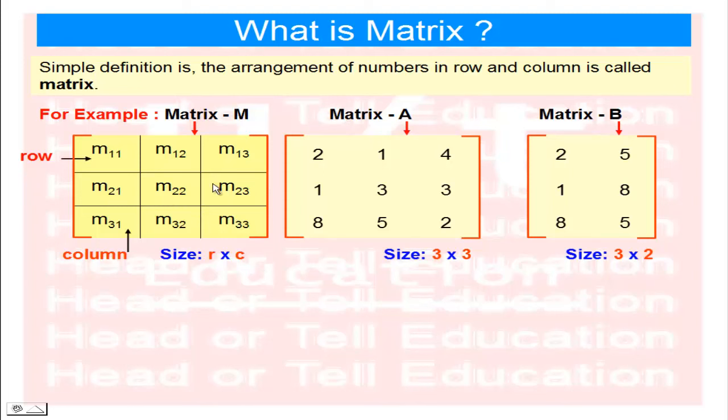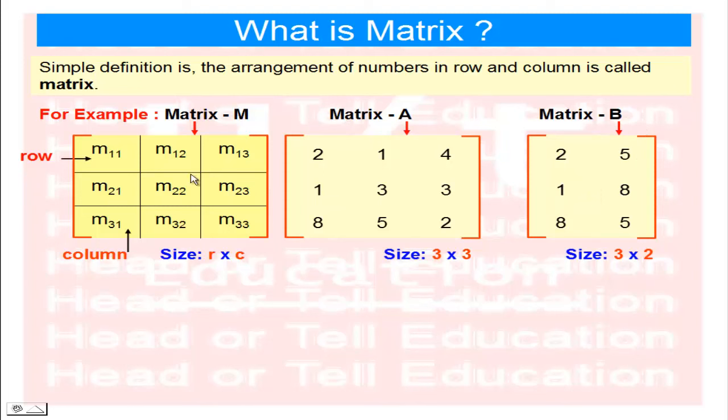So this is the position like M21. The position of M21 means second row, first column. In matrix A, the second row first column value is 1. In matrix B also, the second row first column value is 1.